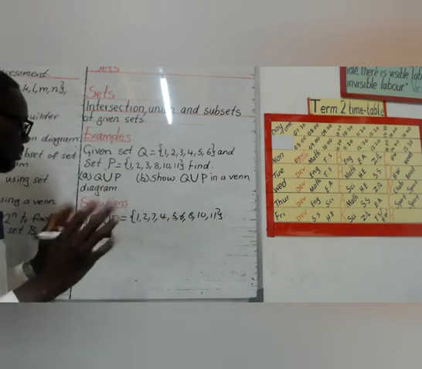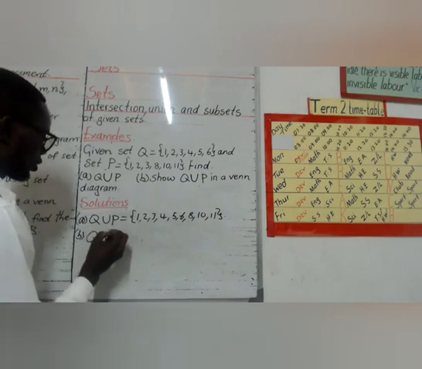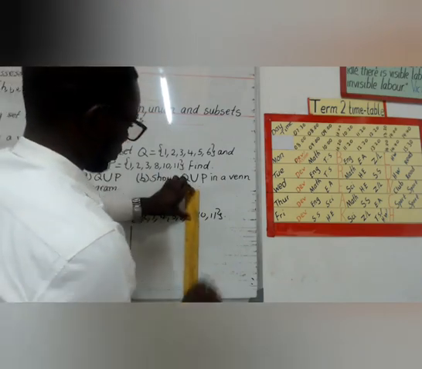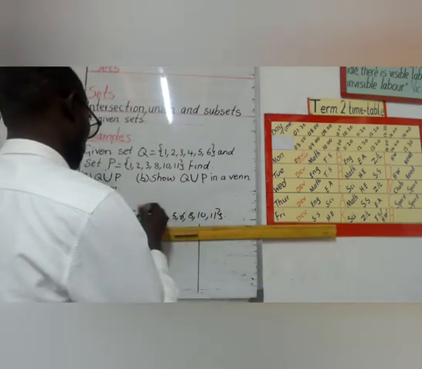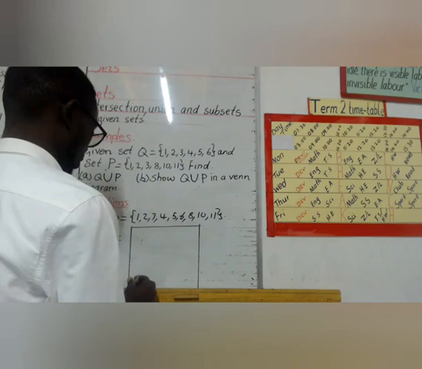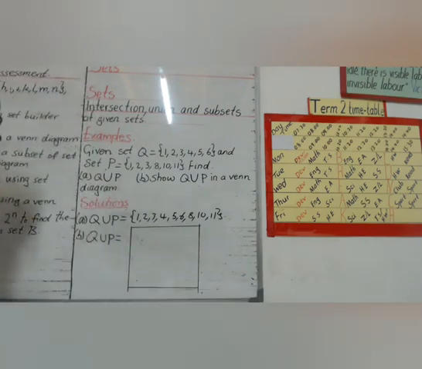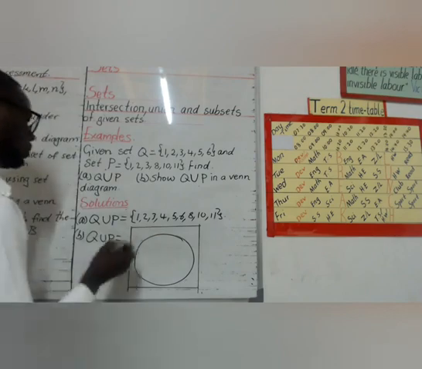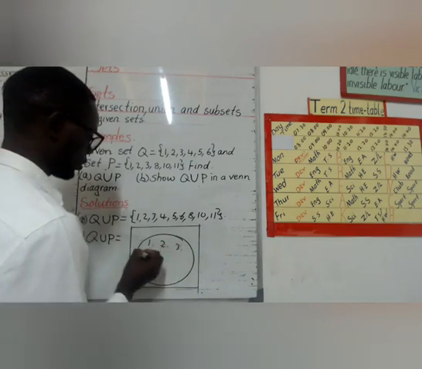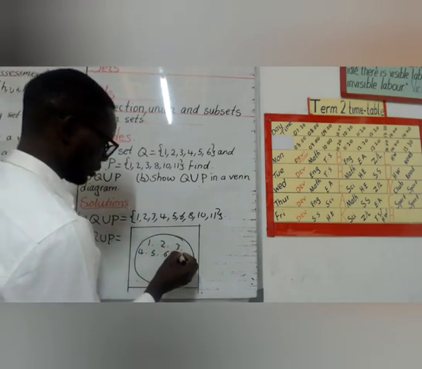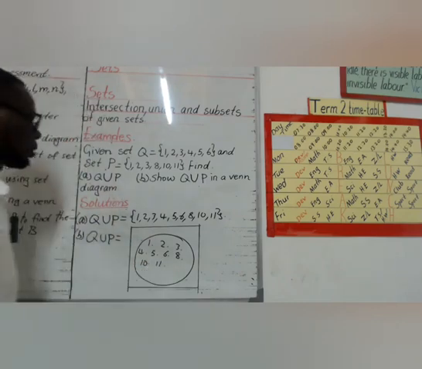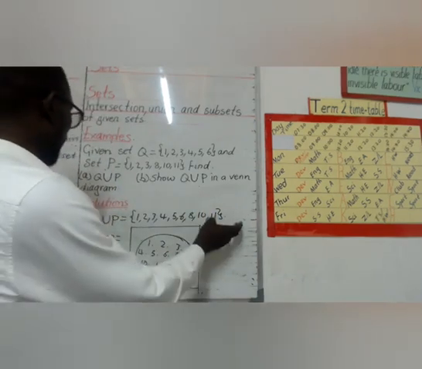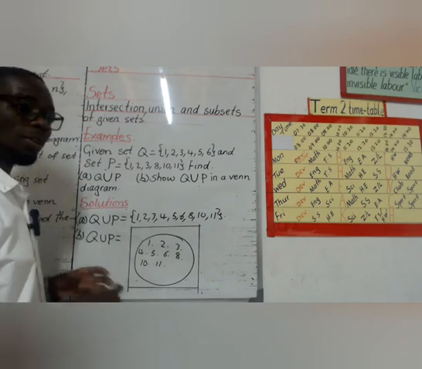Show Q union P in a Venn diagram. Here we go. Union, we said we are putting things together, and we put them together in set A. Therefore, even in the Venn diagram, they will be in one stomach.